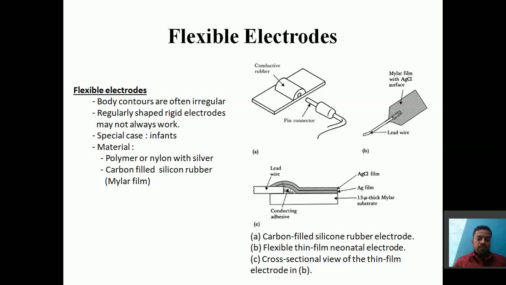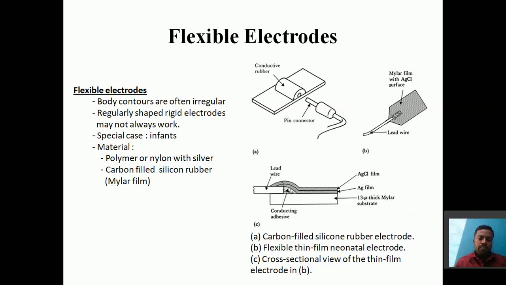In that place, if you use the previous type of metal plate electrode or a suction electrode, it affects the skin of the babies. So in this special case, this electrode is mainly designed for infants.